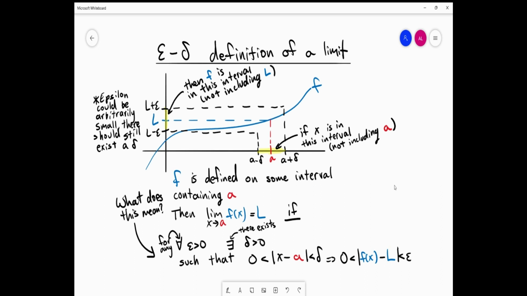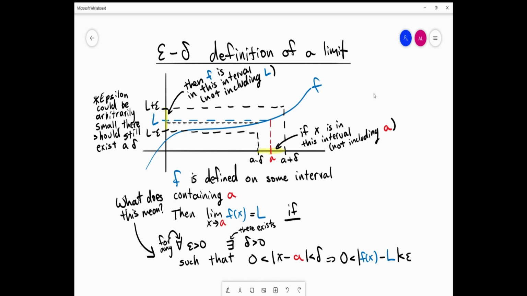Now, to demonstrate why this is true on our specific epsilon, notice that at this rightmost extreme point a plus delta, our function value represented by the dashed line will be between L minus epsilon and L plus epsilon. Similarly, at the leftmost extreme point of this a minus delta, a plus delta interval, the value of f at a minus delta will still be in this interval.